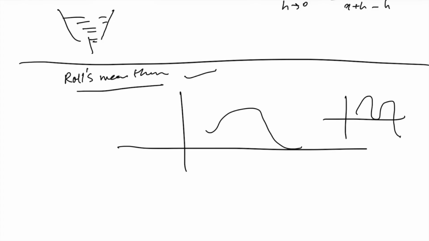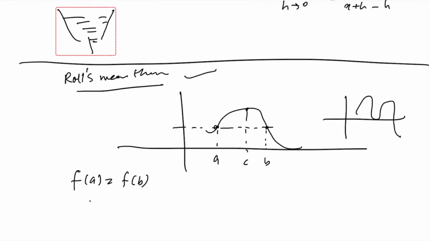If you can identify 2 points, let's say A and B, and if they have the same value, you can see in the diagram, then there must be a point called C, not necessarily in the middle, but between the interval A to B, and the function should be continuous and differentiable.